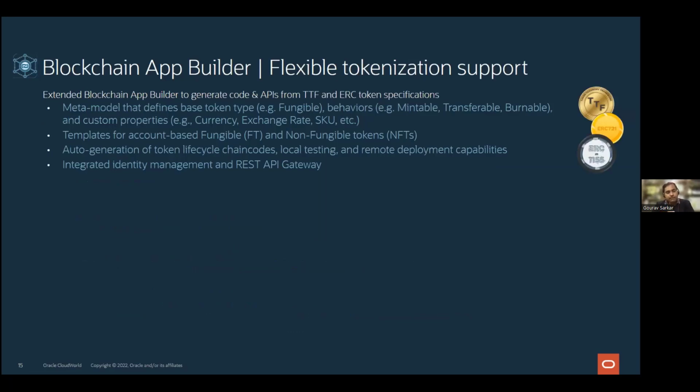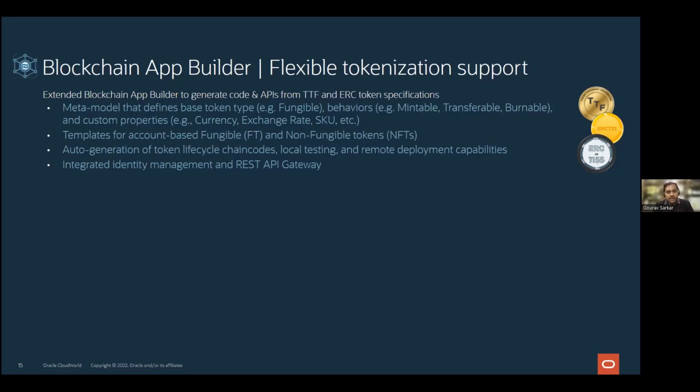So with the help of Blockchain App Builder, we are developing the chain codes for token support. In the tokenization part, we have a token taxonomy framework standard, which we have adopted for the fungible token, and the ERC standard. So we have the ERC 721, which supports the non-fungible token.